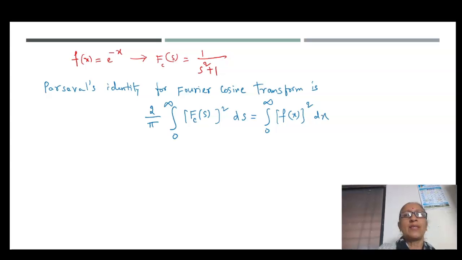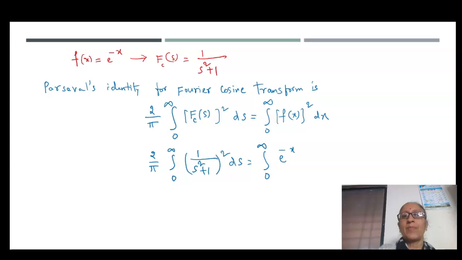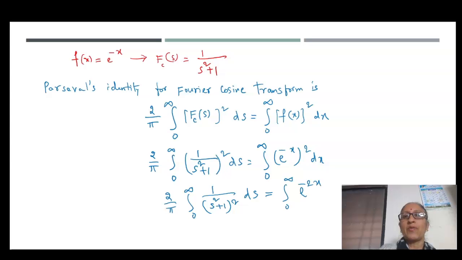Now let us use these Fc of s and f of x in this Parseval's identity. Then we get 2 by pi integral 0 to infinity (1 by s square plus 1) whole square ds equal to integral 0 to infinity (e power minus x) whole square dx, which is integral 0 to infinity e power minus 2x dx.